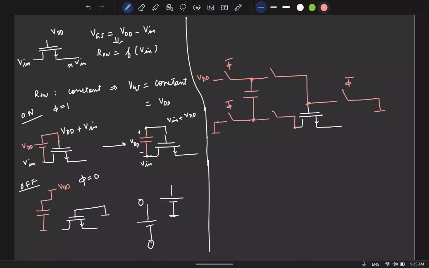And this should be clocked at phi. So this in principle will be able to keep the gate to source voltage of the transistor constant. So the on resistance will be completely independent of the input to a large extent. And this is called a gate bootstrap switch.